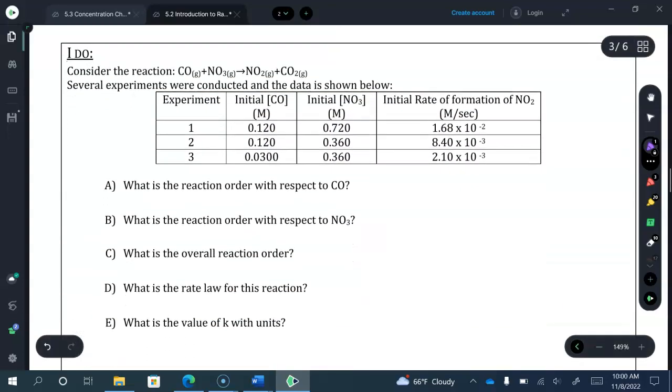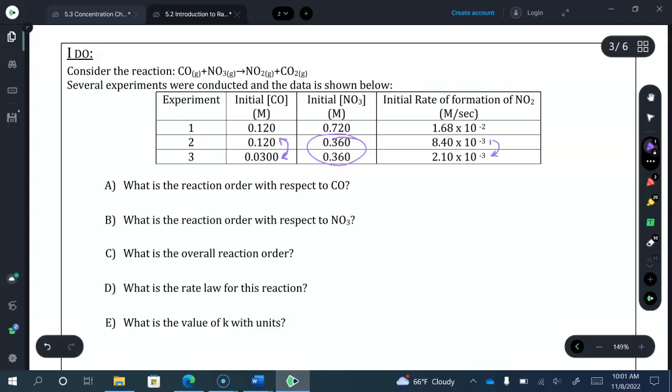Okay, so looking at this, we're going to practice this concept together. The easiest way, when it asks what's the reaction order with respect to CO, is to look at the other reactant and see where it's constant. So it's constant here. I want to see how this is changing when I go from one to the other.